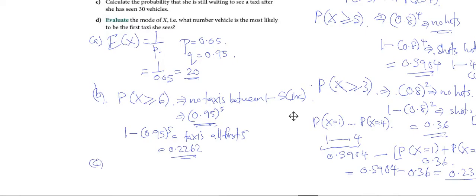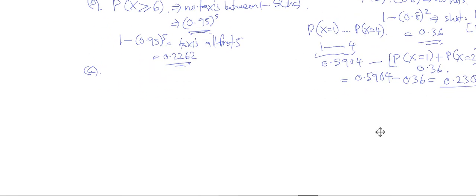Okay, next, C. Question C is calculate the probability that she is still waiting to see a taxi after she has seen 30 vehicles. So basically, even after 30 vehicles, she hasn't seen a taxi. She's still waiting, so no taxis in the first 30. So Q to the power of 30.